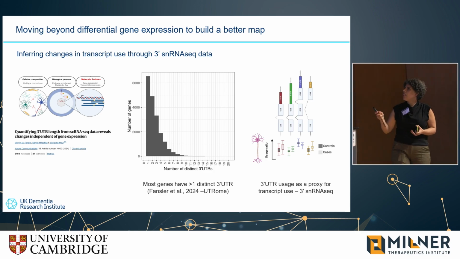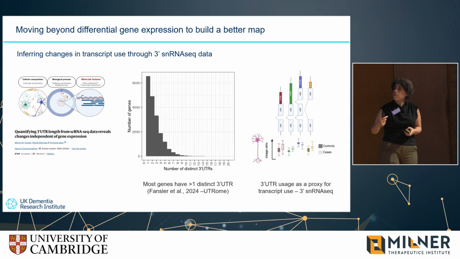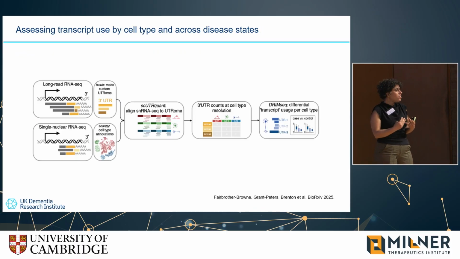Depending on the UTR that you're using, you're potentially using a different open reading frame. And what this enables you to do is integrate two types of data. Long-read RNA sequencing data that we applied to the samples at the bulk level in order to find 3' UTRs very accurately. They are poorly annotated in human brain, so this was quite an important step.